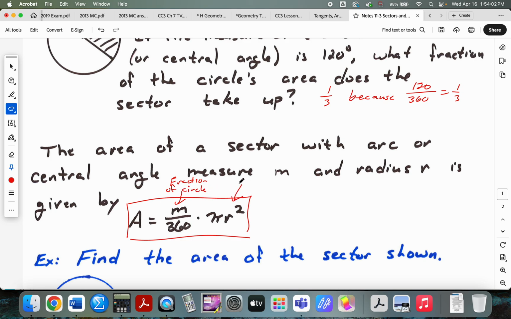And the pi r squared is the area of the circle. So if you have half the circle, you would take half the area. If you have 2/3 of the circle, you would take 2/3 of the area.